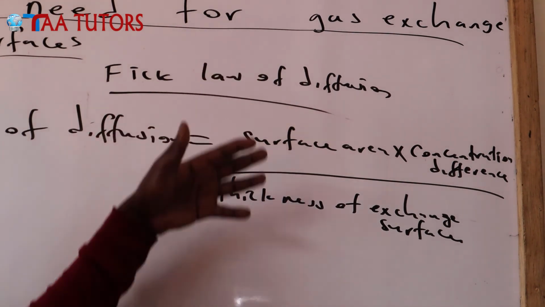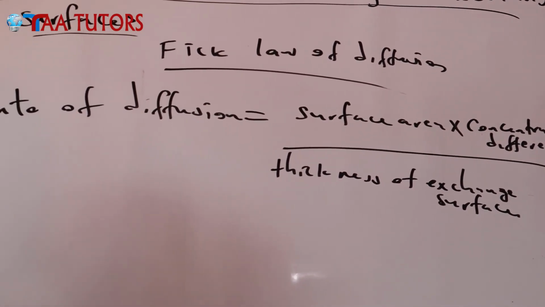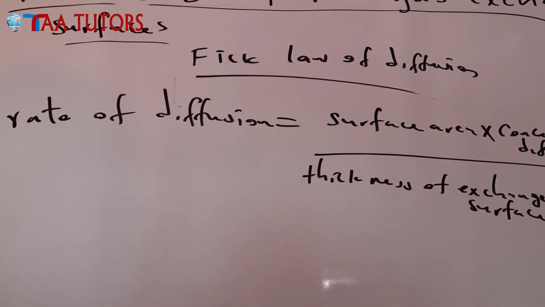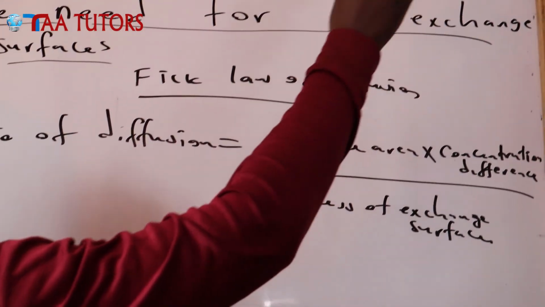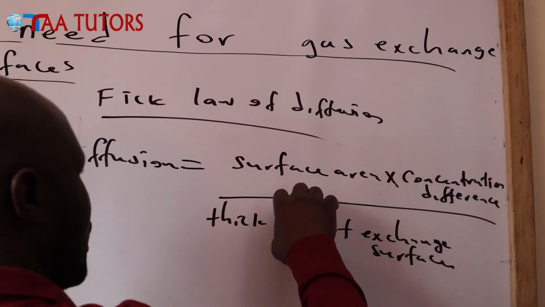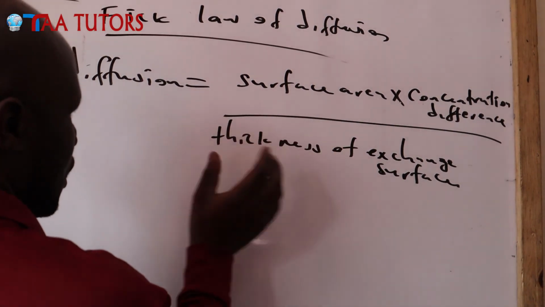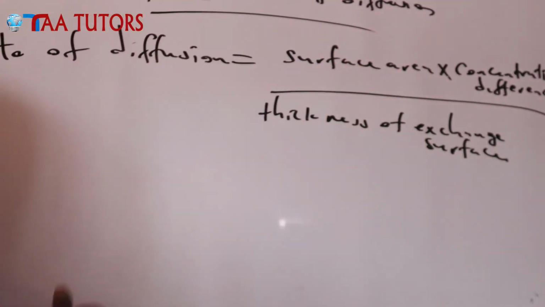Therefore, the organisms themselves must have adaptations such that they make sure the surface area is high. They maintain a high concentration, and then they tend to have a lower thickness, so that the molecules can move quickly. That will facilitate the rate of diffusion.